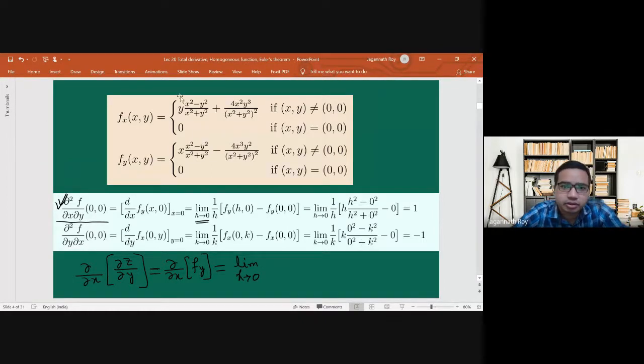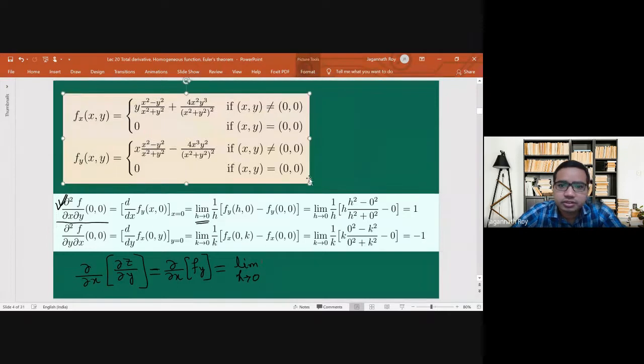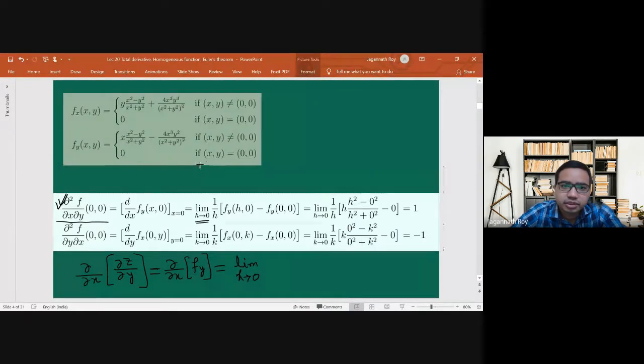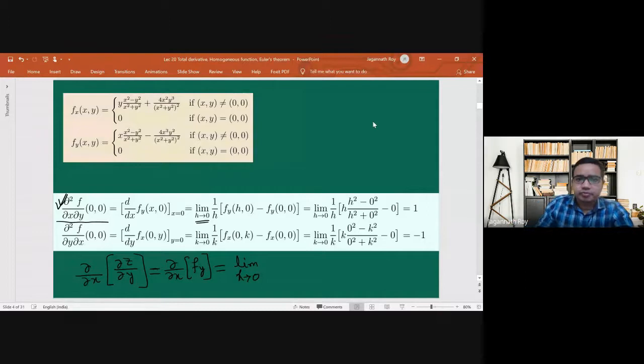So if you recall the definition of the partial derivative with respect to x, what was that? Del z del x is the limit as h goes to 0 of f of x plus h, y minus f of x, y divided by h. The same definition we are using here.